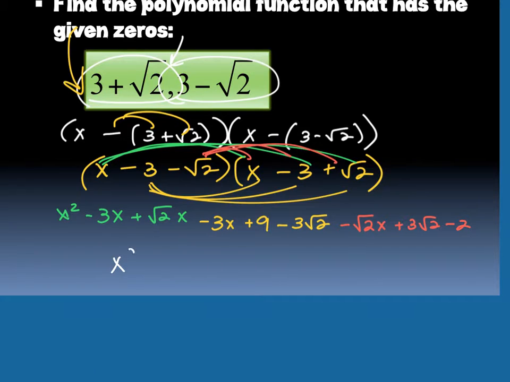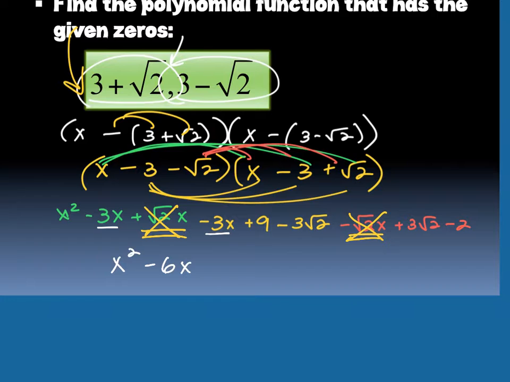So now I get x squared. I have a negative 3x and negative 3x. So I get minus 6x. I have a positive root 2x and a negative root 2x. Those are going to cancel out.